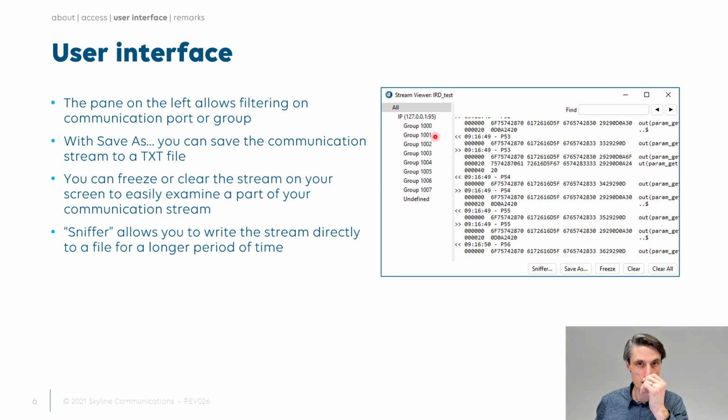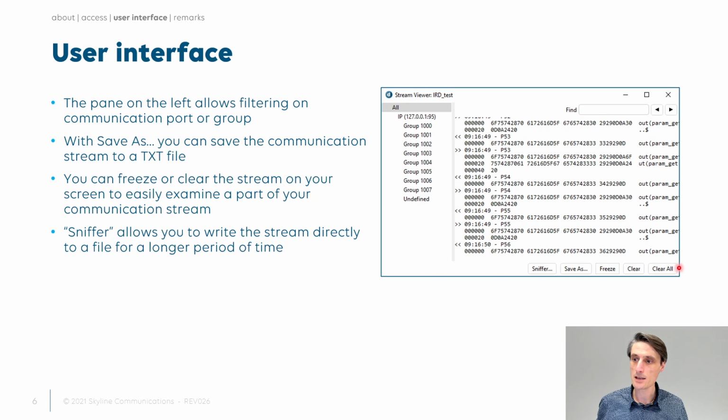We do have on the left-hand side a little bit of a tree structure that allows you to filter down on certain specifics because as you can see, by default you see all the communication going back and forward, but you could also dive into a specific IP because maybe we're using different ports to connect to, maybe SNMP 161 and HTTP on port 80 or 443 to fetch information, so you can filter on the different connections we have. And within that, you can also have different groups of information we're retrieving that's defined in the protocol. So you can really filter down on that.